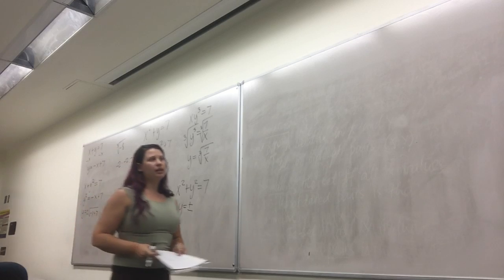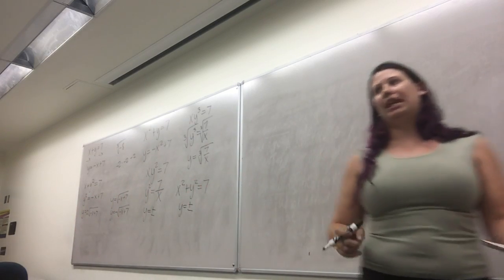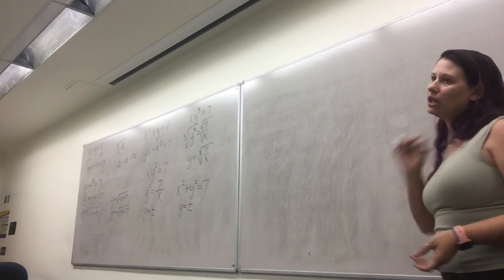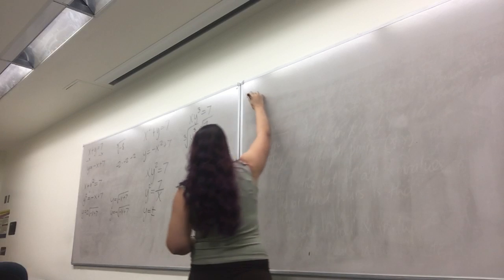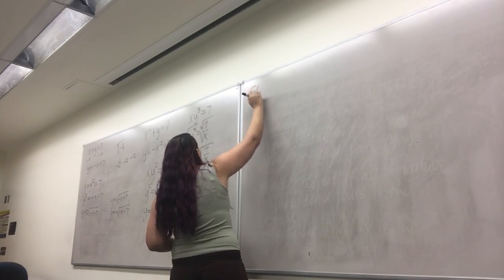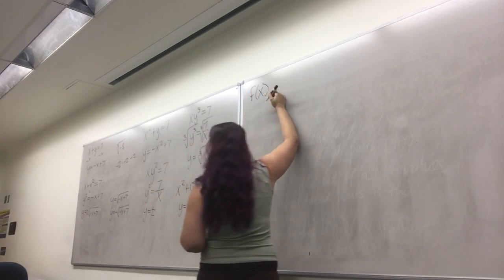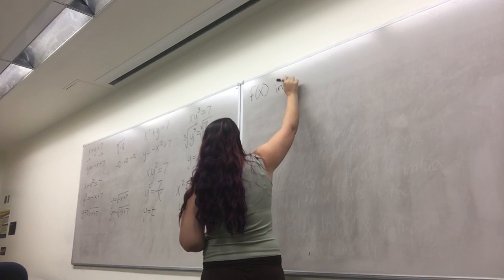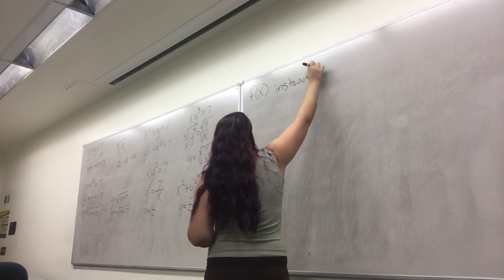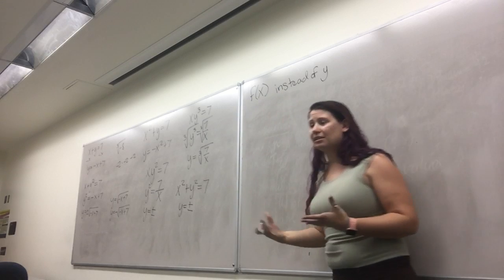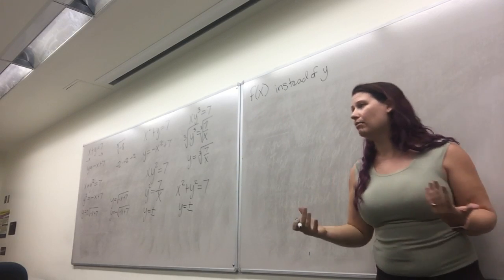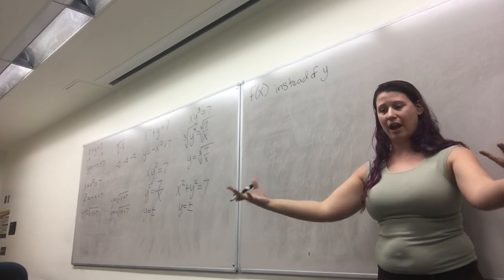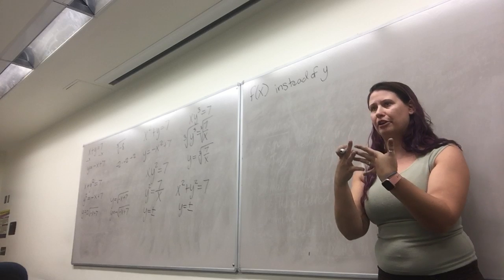All right, so now function notation. Function notation is when we have f of x generally instead of y. They mean really the same thing. I always like to think about it as just a way of having all the information together.